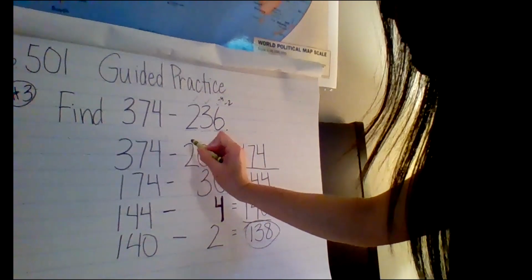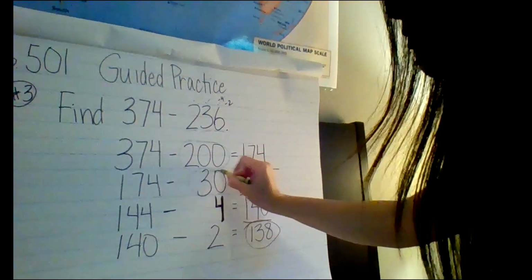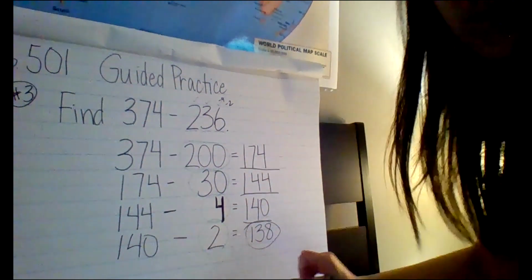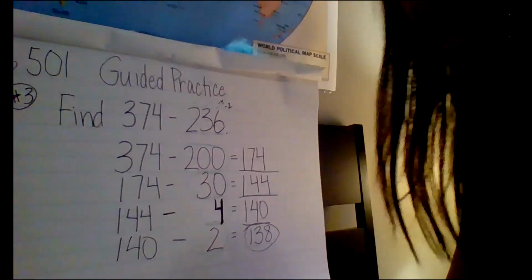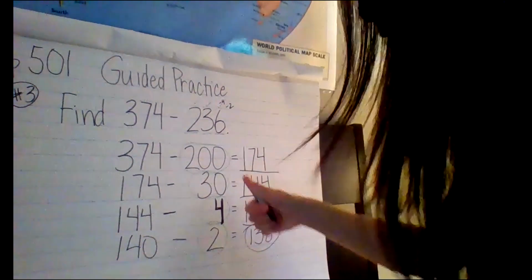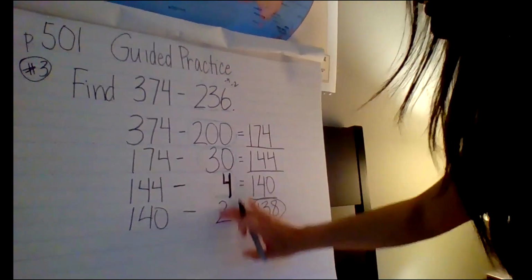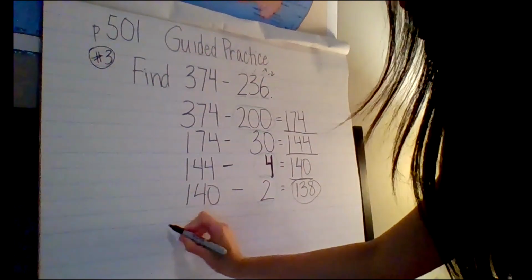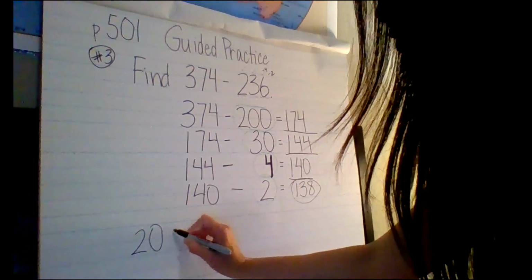So we took away 200, we subtracted 30, we subtracted 4, and we subtracted 2. So if we add up all these numbers that were being subtracted, find the sum of all these numbers. I guess I'll just use some space over here. So just to make it super clear.